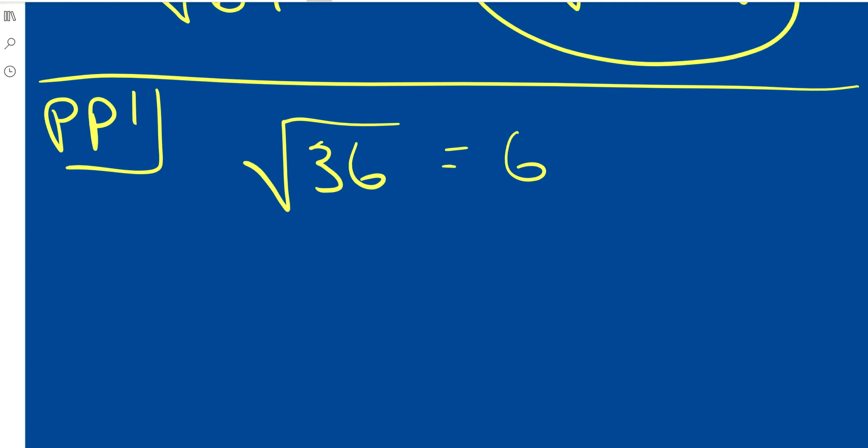The other square root is negative 6, so I write that as the negative square root of 36, and I get negative 6, because negative 6 times negative 6 is positive 36. All right, that's all we're talking about there for now.